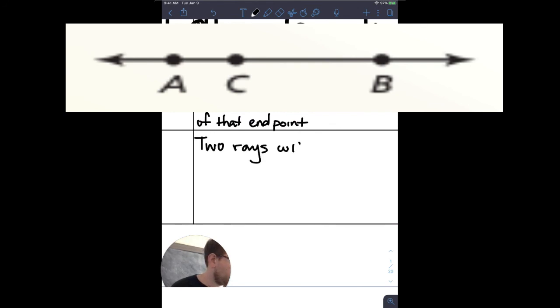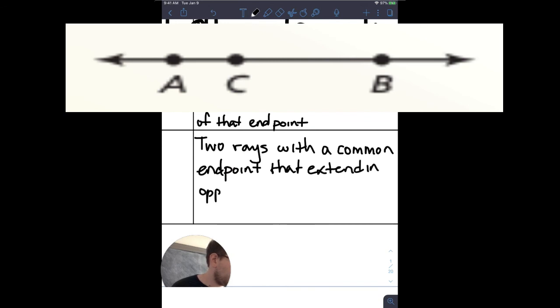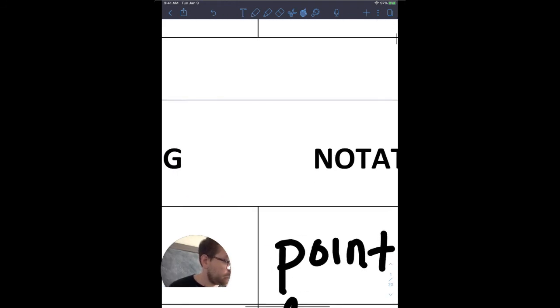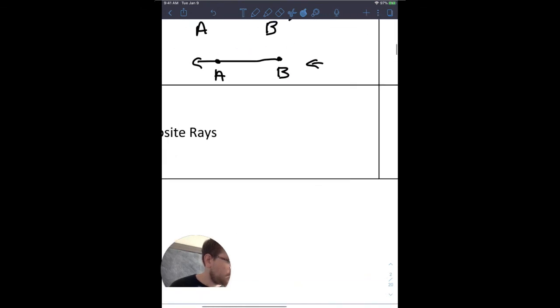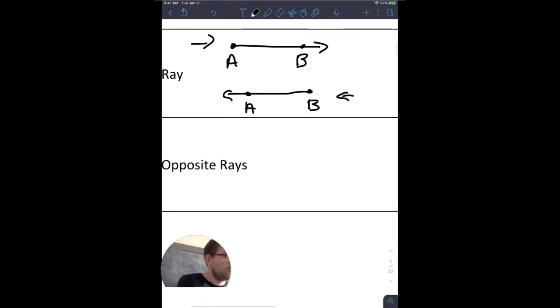Two rays with a common endpoint that extend in opposite directions. That's what it means to have opposite rays. So let's look at the drawing of that as an example. Okay. So opposite rays. It could look something like this.